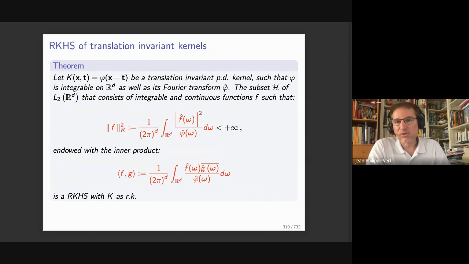Then for those omegas, because you divide by phi hat(omega), the RKHS norm can get very large if f hat(omega) has large values over that range. So you can think of the choice of the kernel as a way to decide which frequencies you penalize in the RKHS norm. We will make this a bit more clear on specific examples in a few slides. But before that, let's try to prove this theorem.